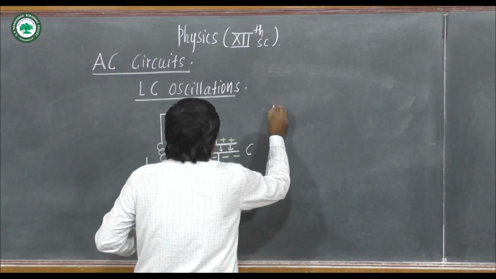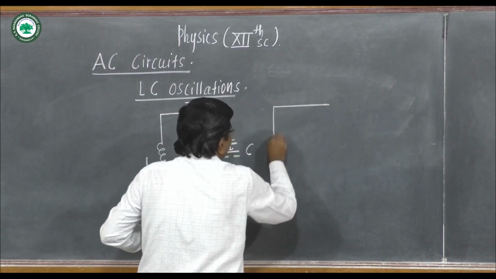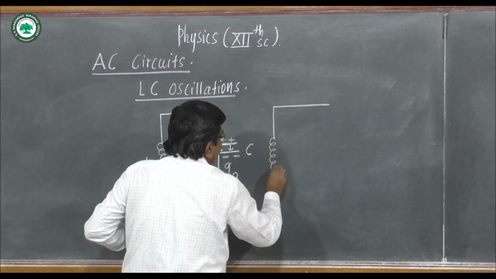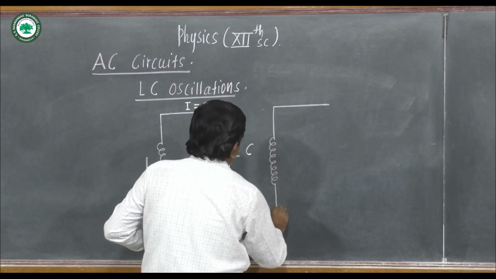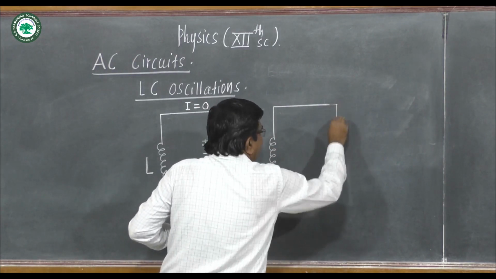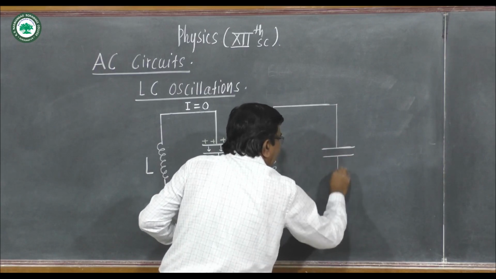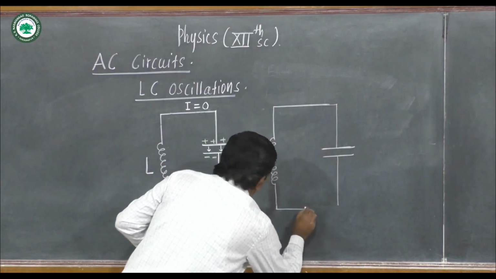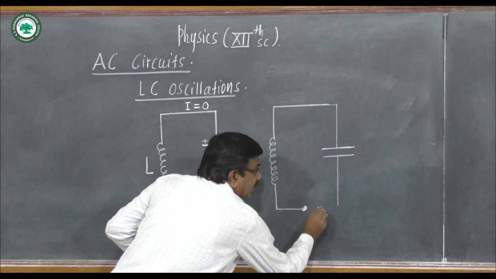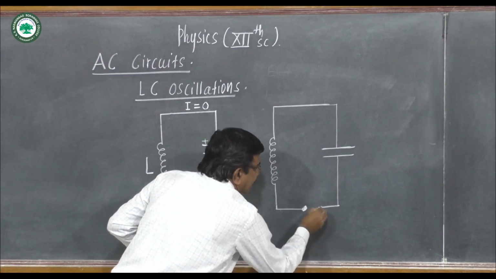See the next diagram. This is the inductor L, this is the capacitor C, and now the switch S is closed.